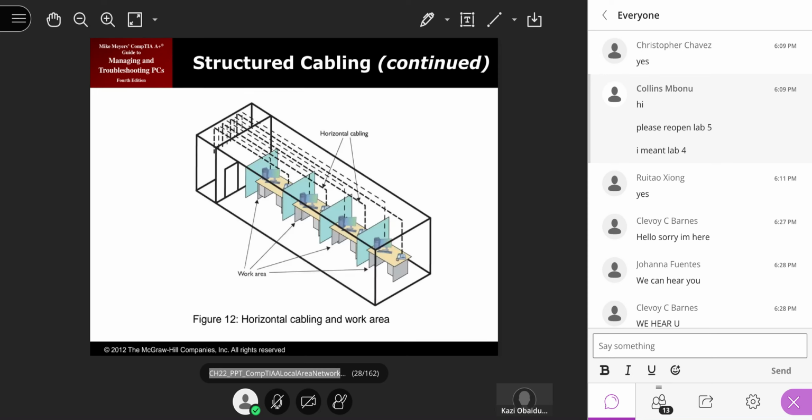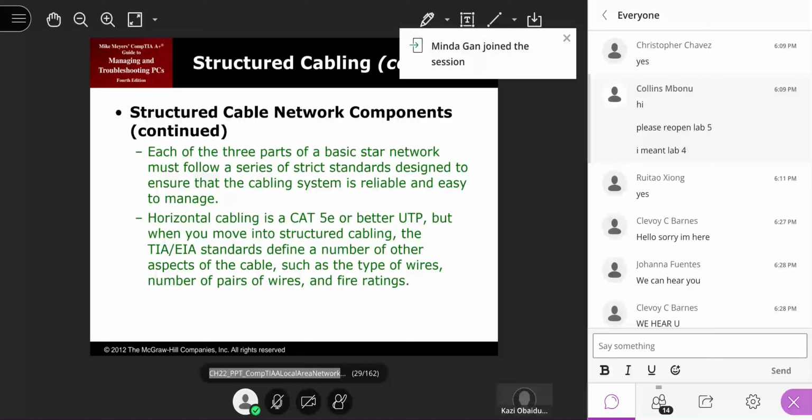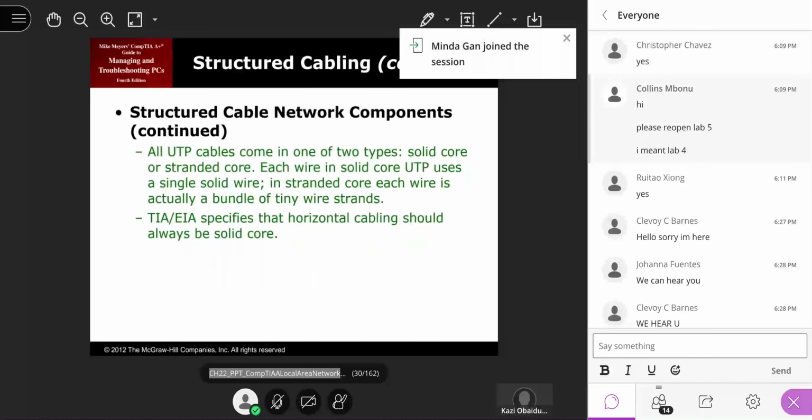Look here, horizontal cabling, the cable we are using. 5E cable, 6 cable, 5 cable. We found the different categories. Category represents the quality, right? So this we have to connect for the structured cabling in the workroom, to make it reliable and easy to manage and maintain.